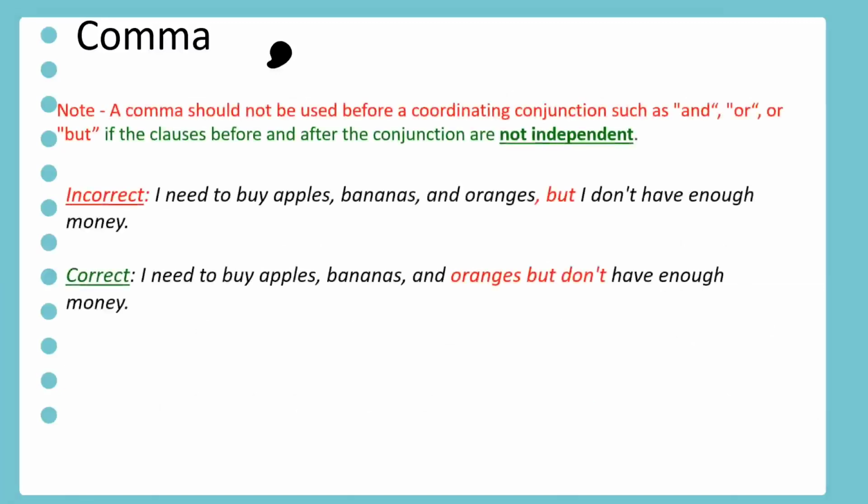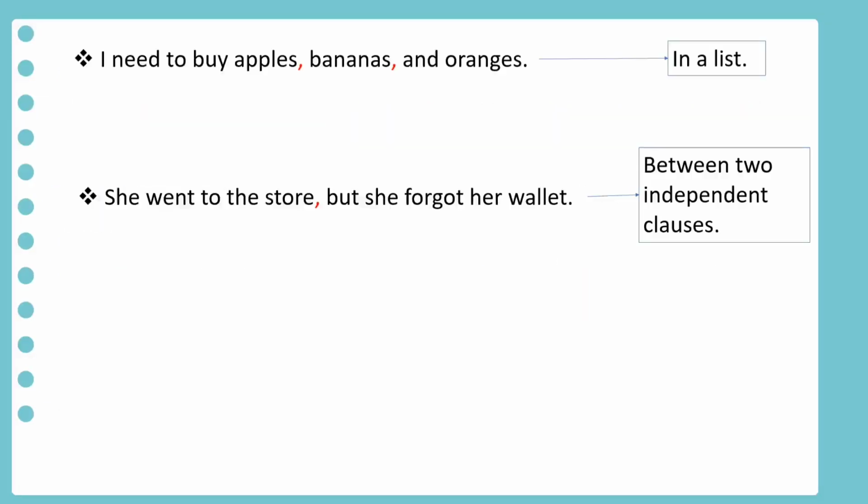It is important to note that a comma should not be used before a coordinating conjunction such as and, or but if the clauses are not independent, as in this sentence. But wait, we've used a comma before the words and, but here in these sentences.